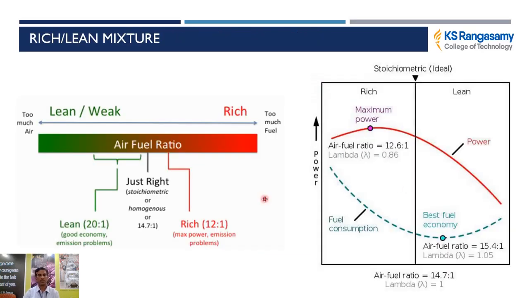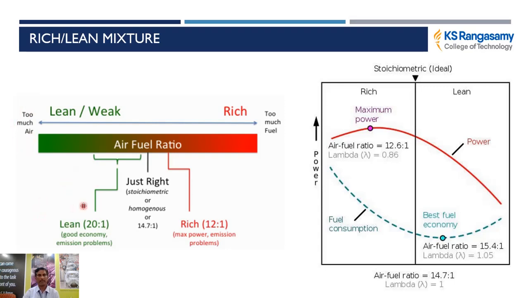The stoichiometric air-fuel ratio is a standard or ideal air-fuel ratio where complete combustion happens, so we take it as a reference point. About the stoichiometric ratio, we can split into two categories: the lean mixture and the rich mixture. A rich mixture is too much fuel. A lean mixture is too much air.